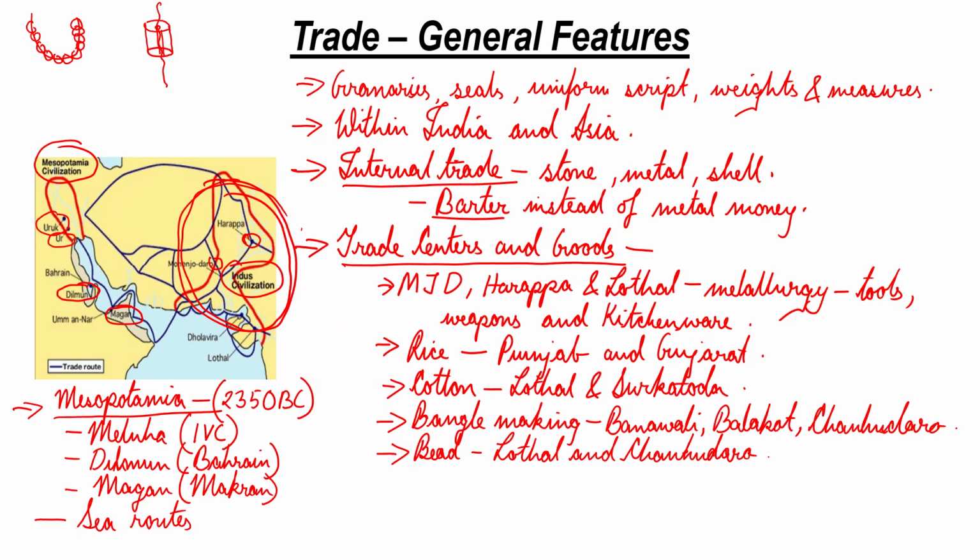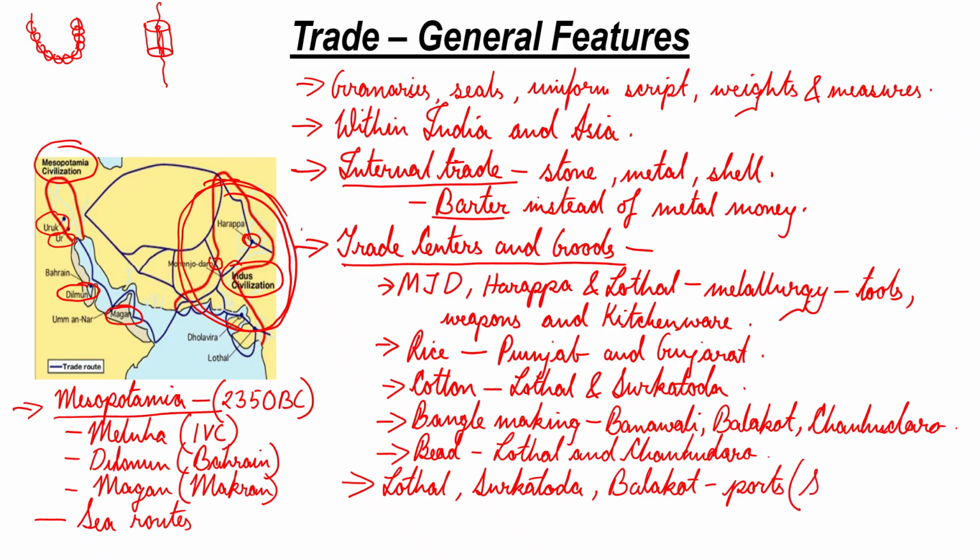So we come to know that Indus Valley Civilization had the capability to make ships which could go in deep oceans. Also, in case of external trade, we understand that Lothal, Surkatoda, and Balakot were ports.